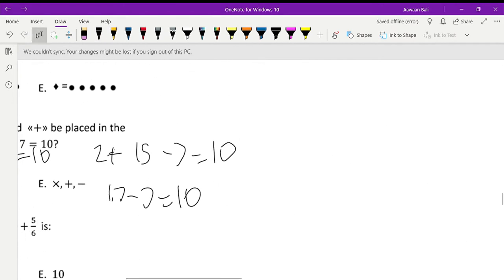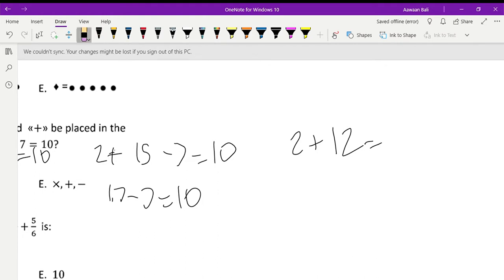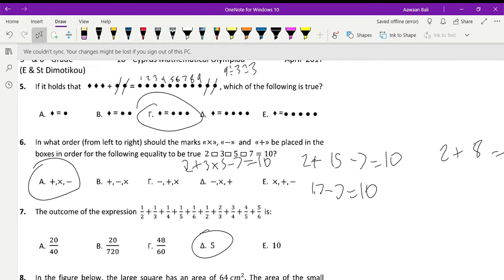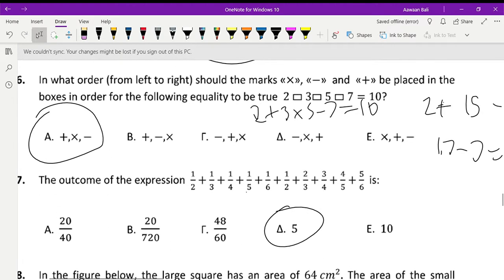However, if you do 15 minus 7, that's, oh, 15 minus 7 is 8. Sorry, 8. 2 plus 8 is again 10. So basically, either way you do it, with addition and subtraction, you'll always get the same answer. You don't need to use BODMAS. And if it's multiplication and division, then it matters. So therefore, the answer is alpha.